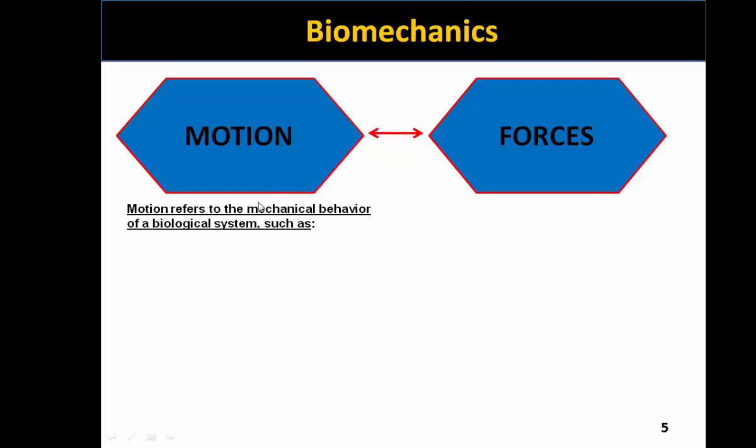When we talk about motion, this refers to the mechanical behavior of any given biological system as we defined it on slide number 4. And so some examples of mechanical behavior, as we saw in some of the early examples in this lecture, how fast or how much a person is moving.